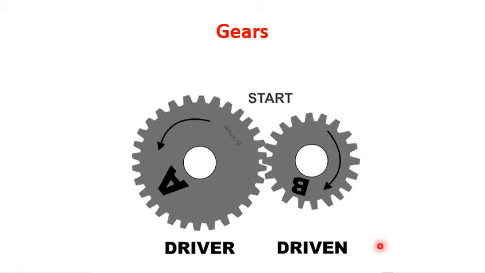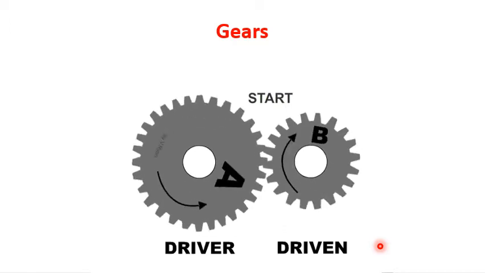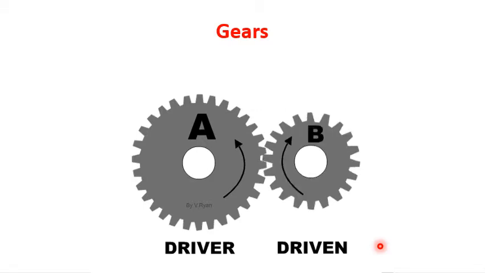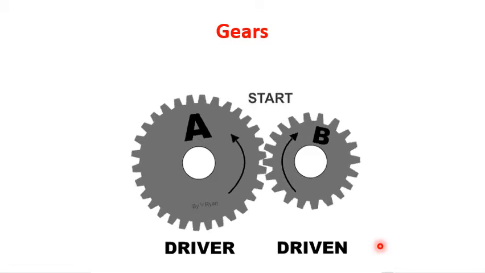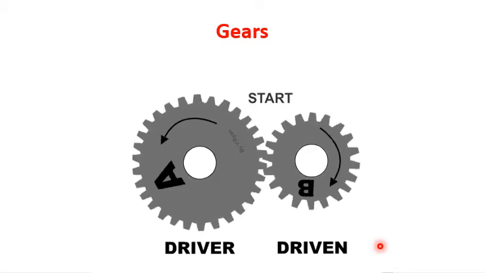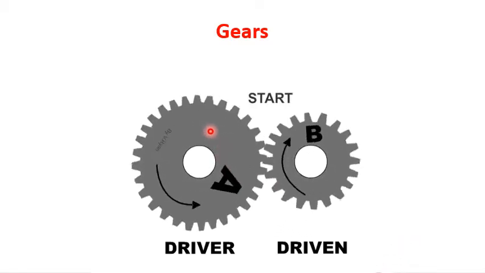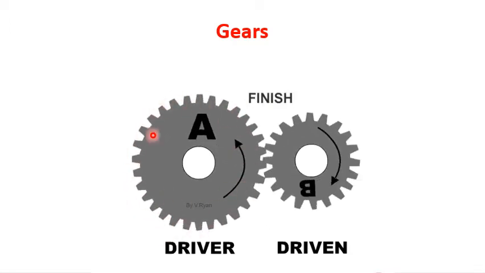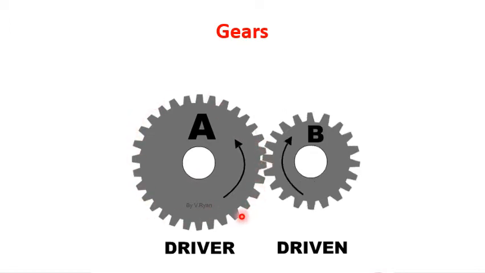These gears are defined as toothed wheels which can transmit power and motion from one shaft to another shaft by means of successive engagement of teeth. You can see on the circumference of this element there are teeth or cuts, both on the driver and the driven.